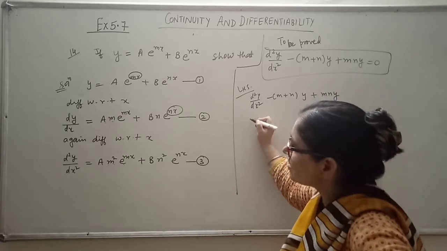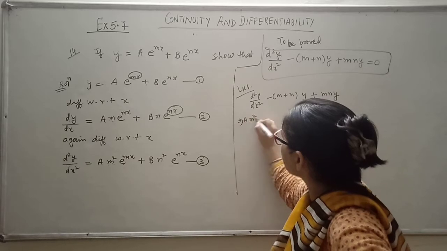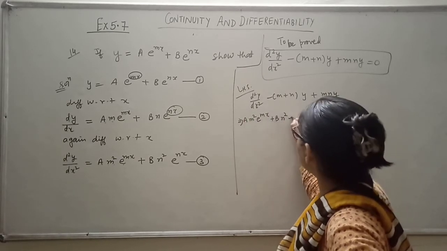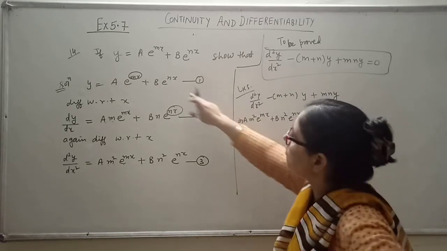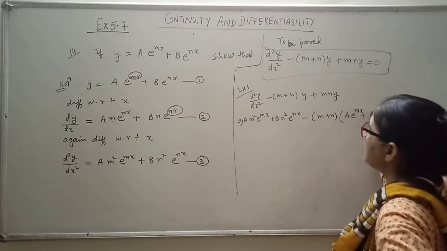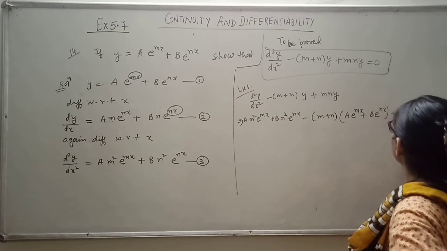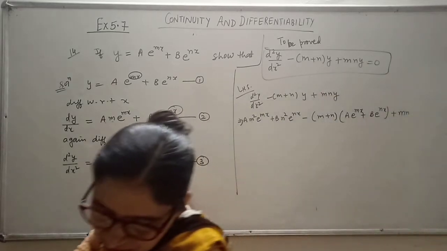Okay, so what is d square y by dx square? This is a m square e raised to power mx plus b n square e raised to power nx, minus (m plus n). What is dy by dx?